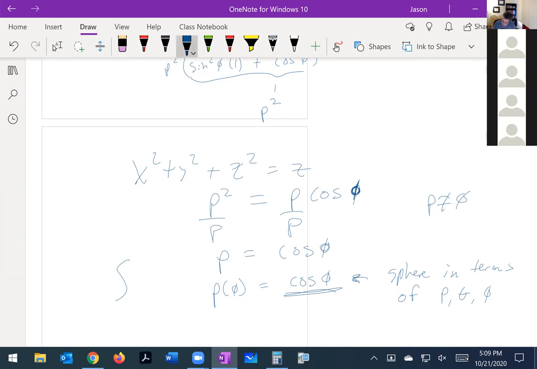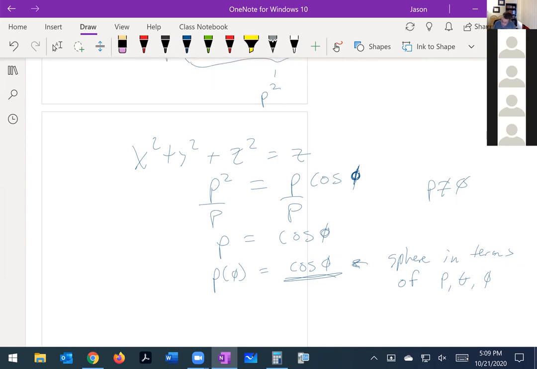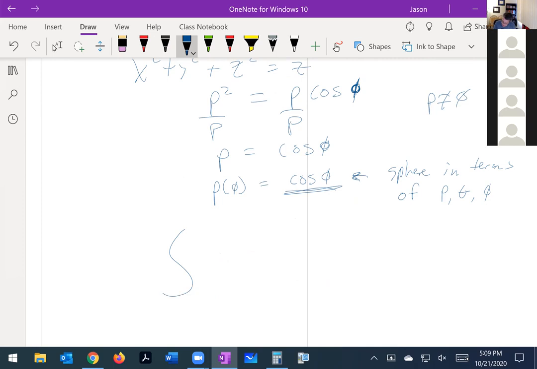So going back to my limits of integration, I'm going to go from 0 to cosine of phi, rho squared sine phi d rho d theta d phi, when theta went from 0 to 2 pi, and phi went from 0 to pi over 4. Boom, now we can integrate.